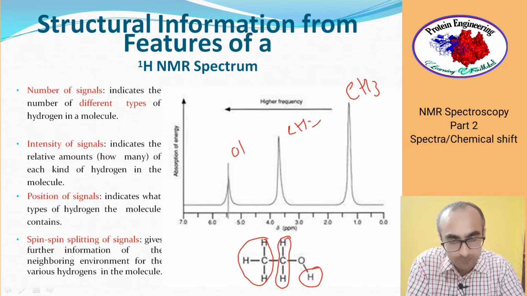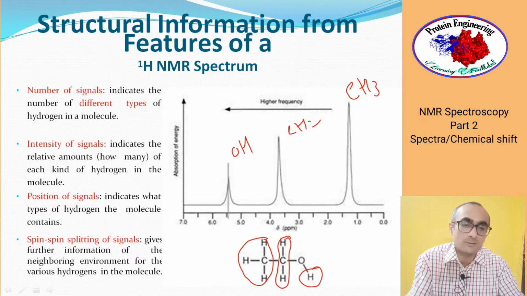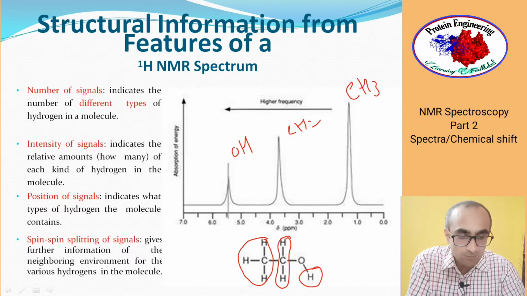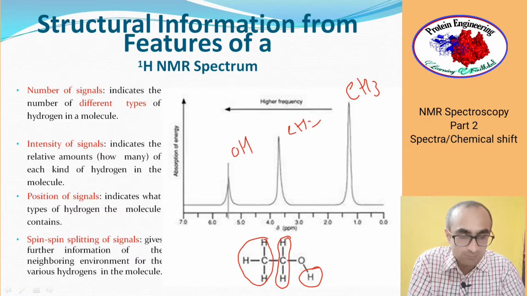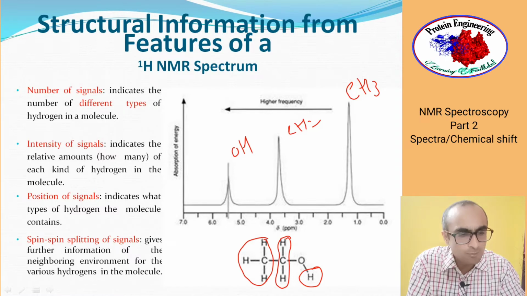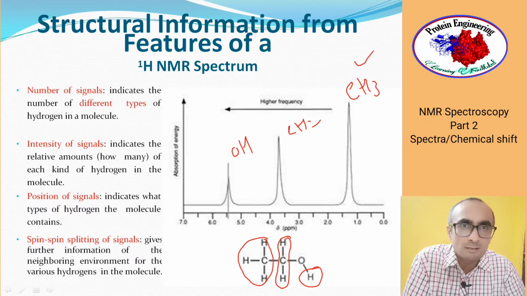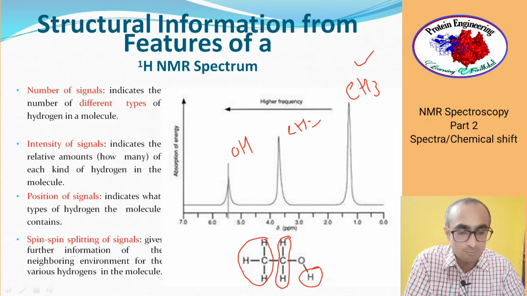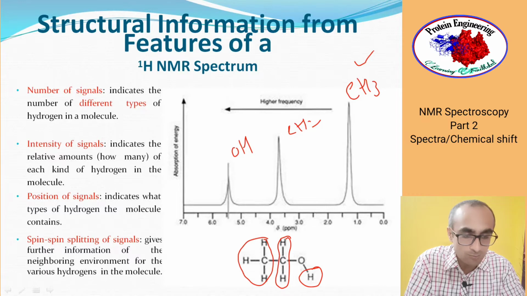And this OH proton peak is most downfield. That is because of the presence of oxygen here. And the methyl group is more upfield, because it is the most shielded one due to the presence of electrons from the neighborhood carbon atoms.